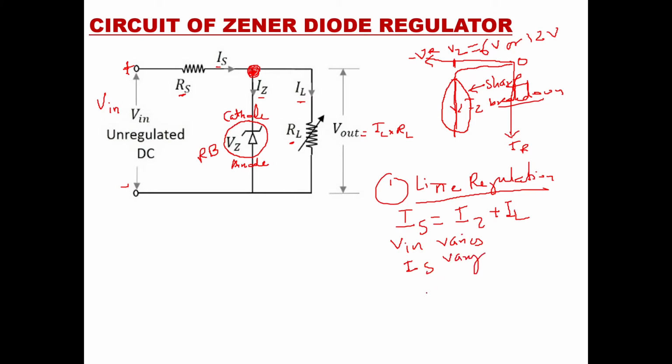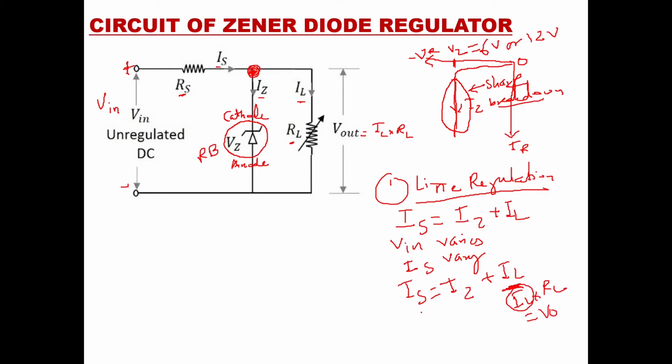If the source current IS varies, and you know that IS is equal to IZ plus IL, you want IL to remain constant, because IL into RL will be equal to your output voltage. So you want this to be constant.